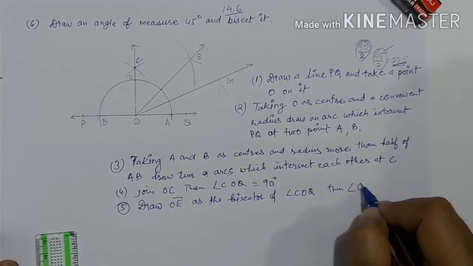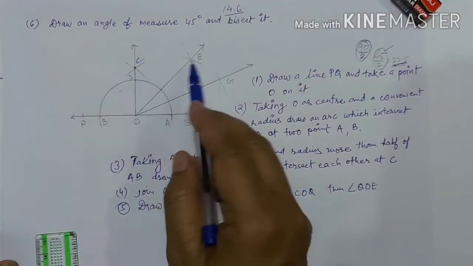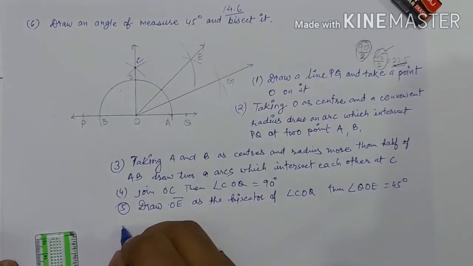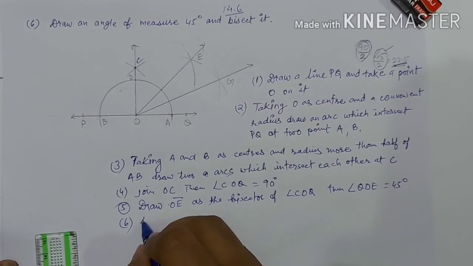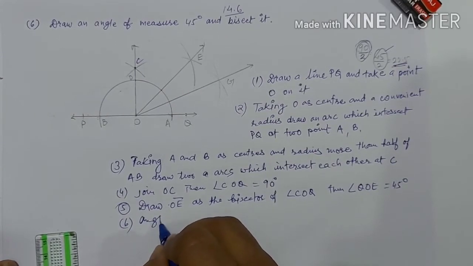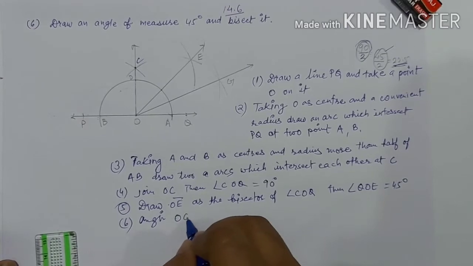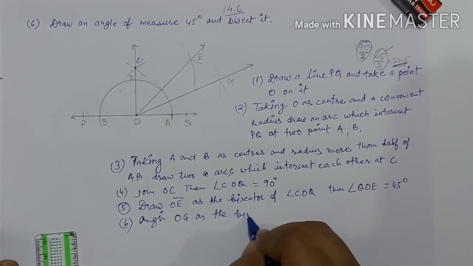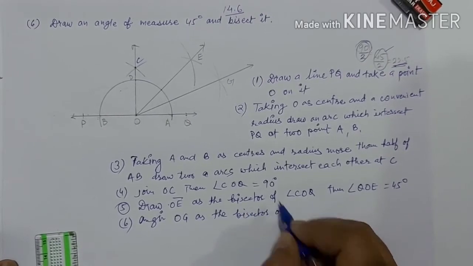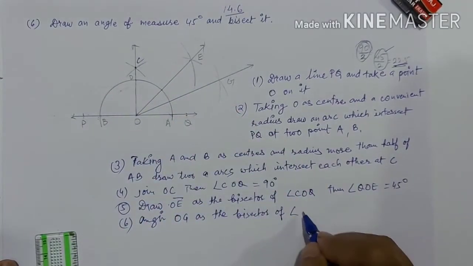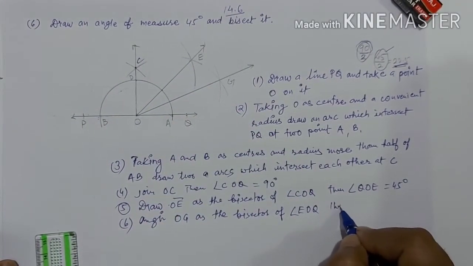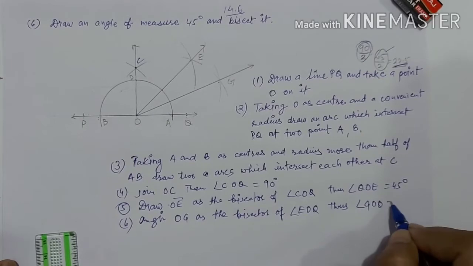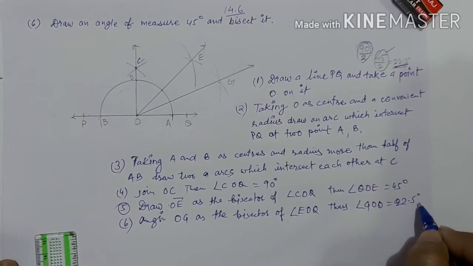Thus angle QOE is 45 degrees. Now sixth, again draw OG as the bisector of angle EOQ. Now thus angle GOQ is 22.5 degrees.